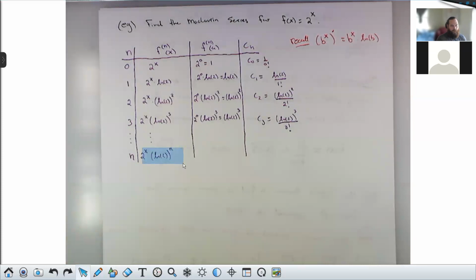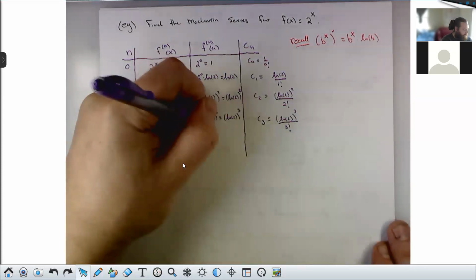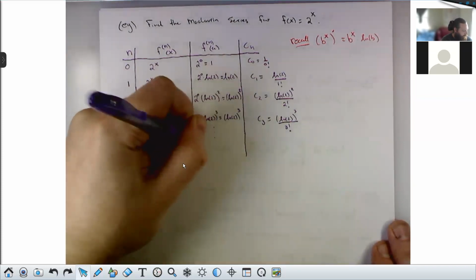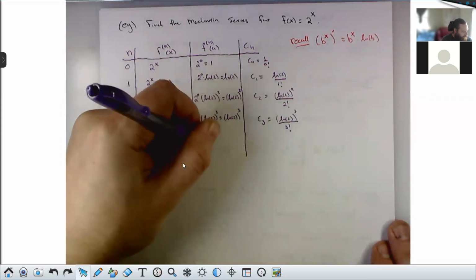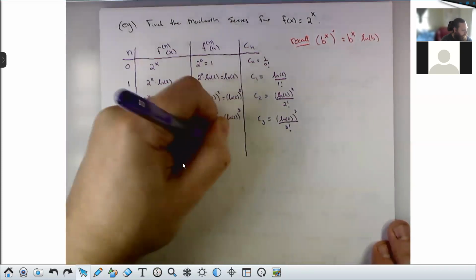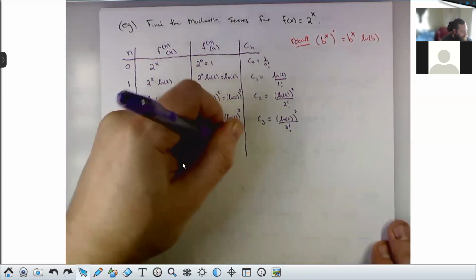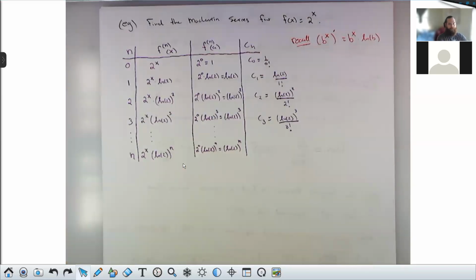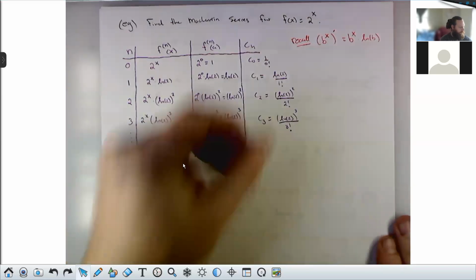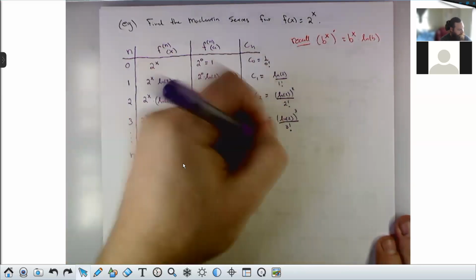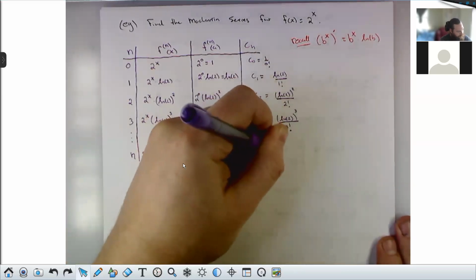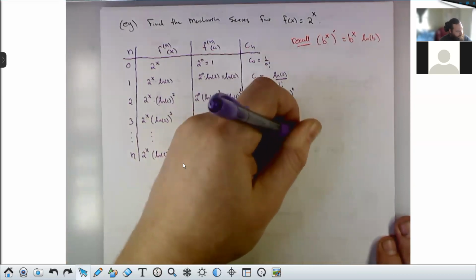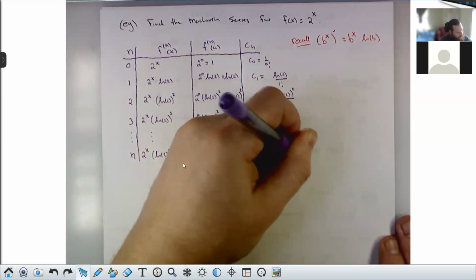If you evaluate this expression at 0, you get 2 to the 0 times the natural log of 2 to the n, which is just the natural log of 2 to the n, which means that Cn must be the natural log of 2 to the n over n factorial.